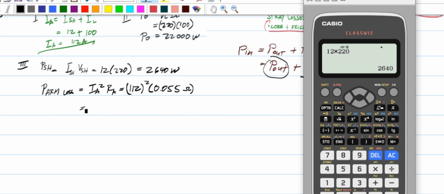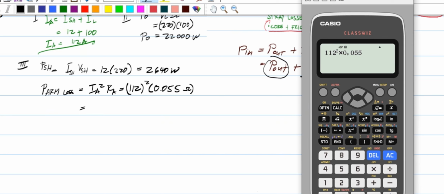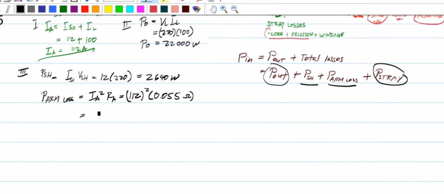So the armature loss is 112 squared times 0.055, which is 689.92 watts.